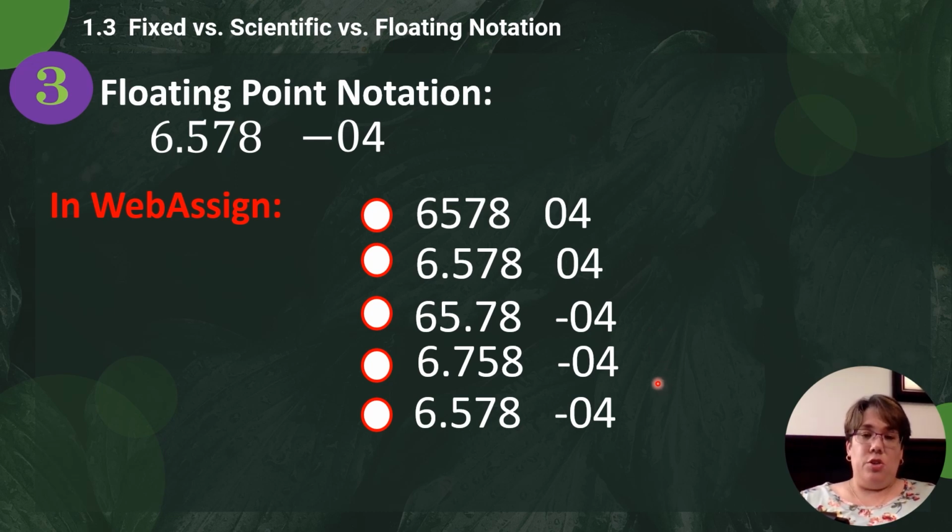So you just want to match it up with the correct one. And you have to be really careful because notice these last two are very, very similar. They just have some numbers transposed here. So just be really careful whenever you're picking those choices.